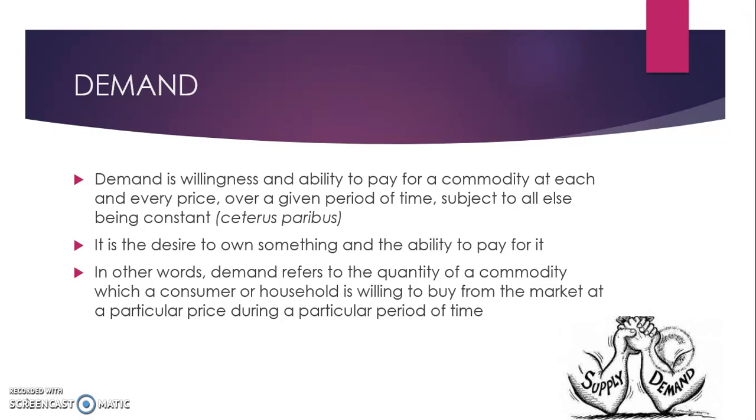It is the desire to own something and the ability to pay for it. In other words, demand refers to the quantity of a commodity which a consumer or household is willing to buy from the market at a particular price during a particular period of time.